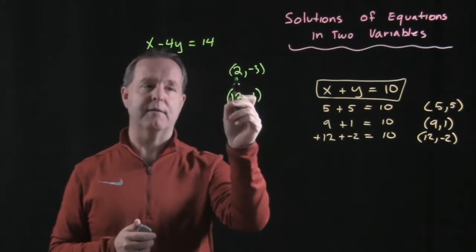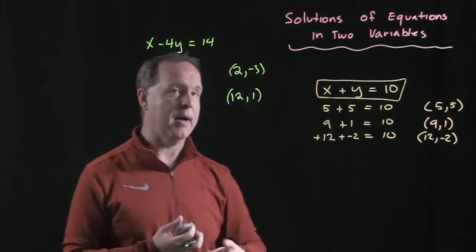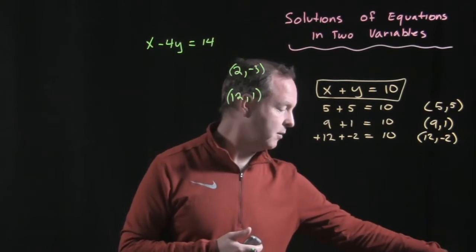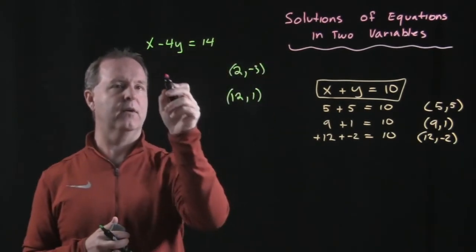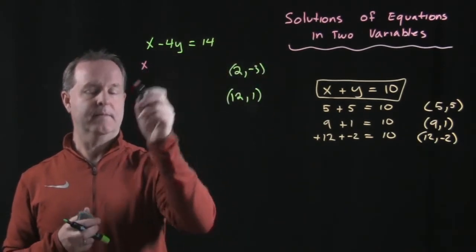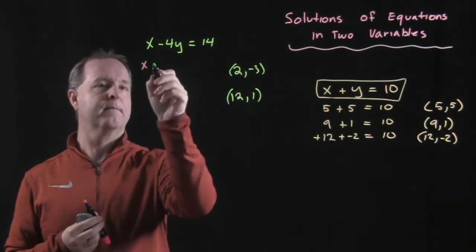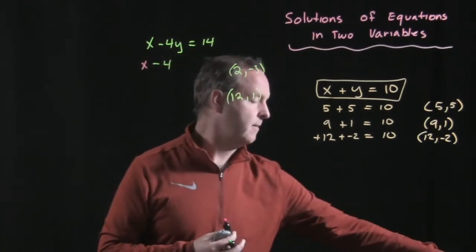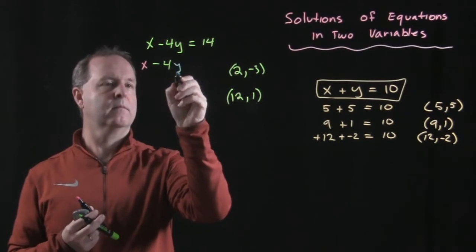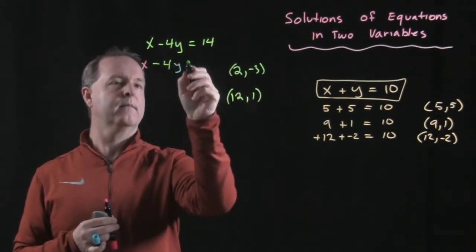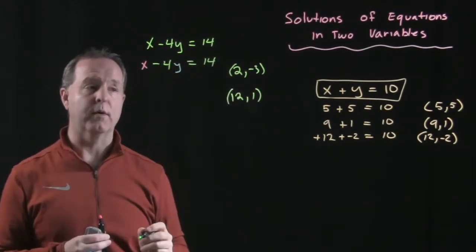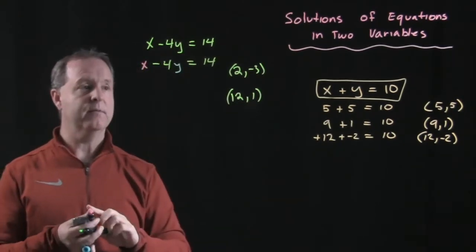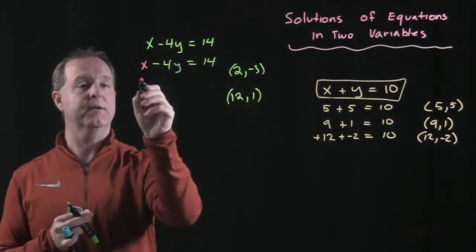Well, let's understand that the first value is my x and the second one is my y. So I may rewrite this equation, x minus 4y equals 14. My x value for this first pair is a 2.